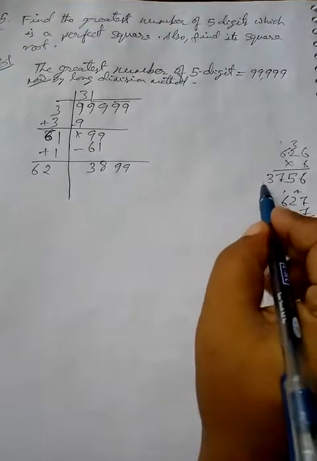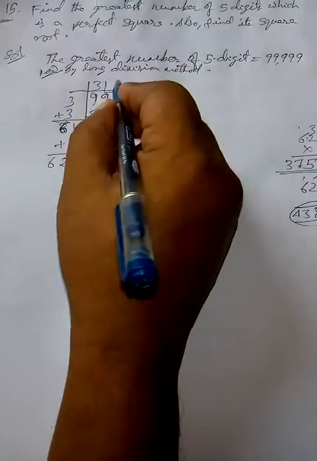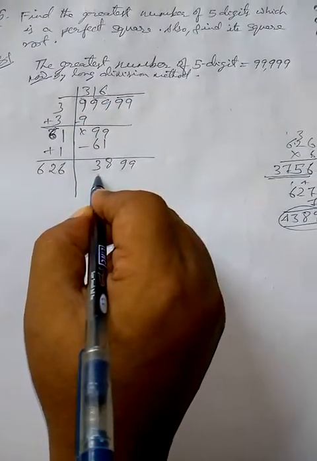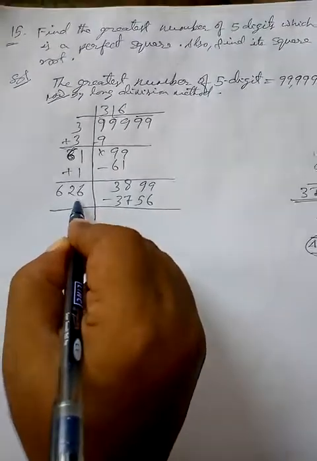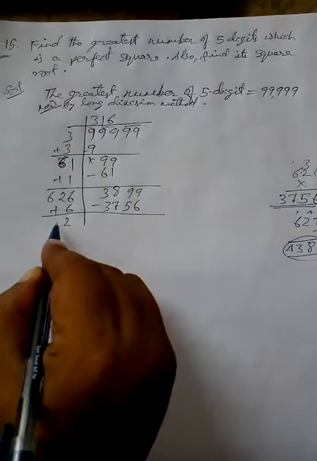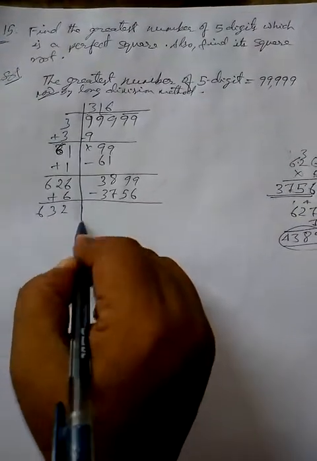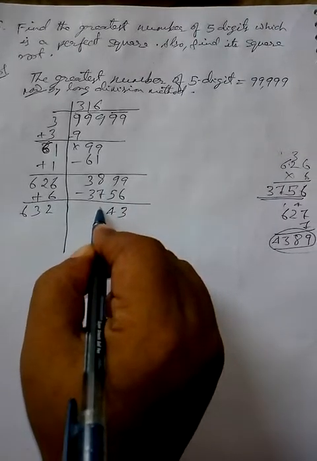This is greater, so we'll select 6. So it is 6 times. We'll choose 6 here. Now it becomes 3756 to be subtracted from here. 6 will be added, because whatever we write here will be added here also. So 236. Remainder is 341.